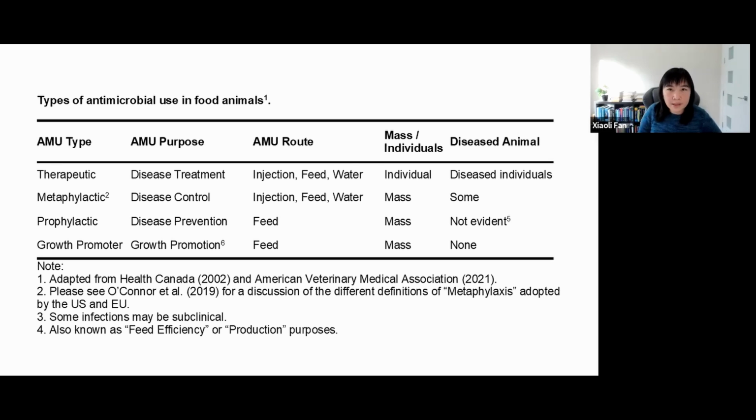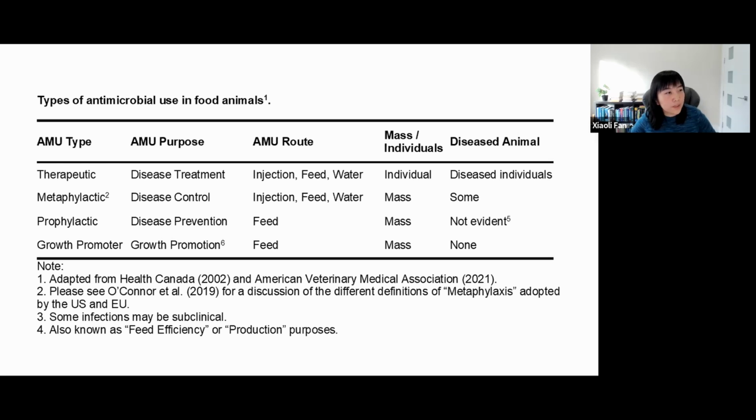So basically, it classifies the different types, purposes, routes, or whether the antimicrobials are administered to individual animals or to a group of animals, and then whether there are diseased animals already or not. So we can tell from here that the bottom two, the prophylactic and growth promotion use, are all put in feed.